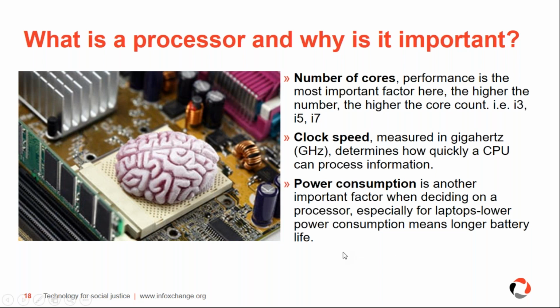But this is all really dependent on the role and what that individual is doing. And just touch on power consumption. Once you start getting into a higher clock speed and a bigger processor, it's going to have to draw more power, so it's going to cost a little bit more to run. Just something to consider.